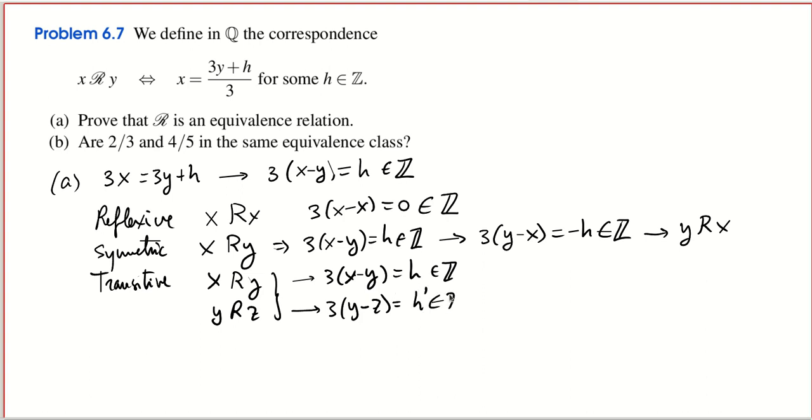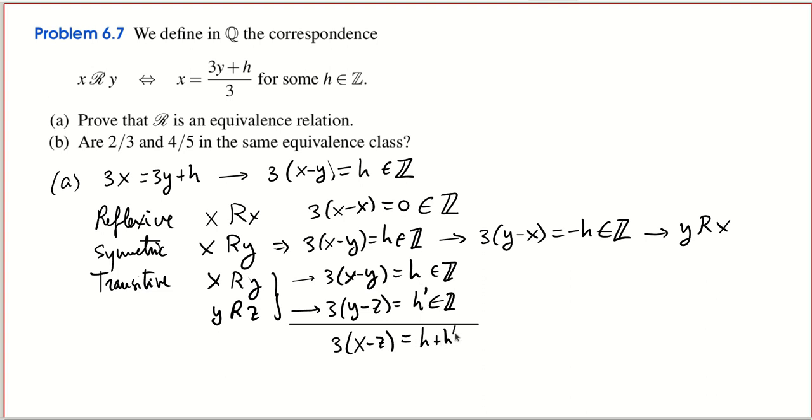So if we add these two equations, we have 3x, and then y cancels, and then we have z, so we have 3 times (x minus z) on the left-hand side, and on the right-hand side, we have the addition of these two numbers.